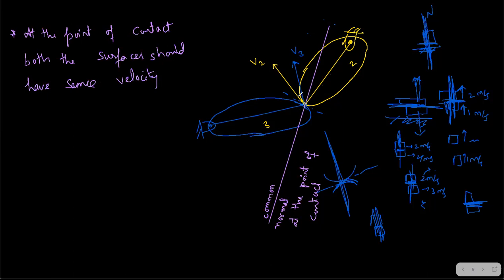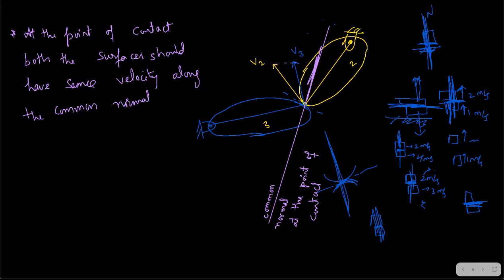At the point of contact, I have V2, and at the point of contact, I have V3. Along the common normal, they should have the same velocity. V2 has a component and V3 has a component along the common normal, and these components should be the same. V2 component on the common normal should be equal to V3 component on the common normal.